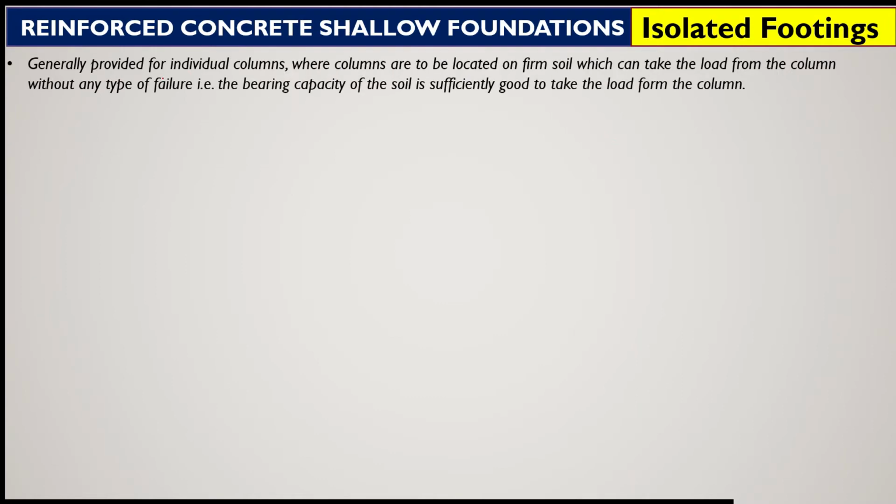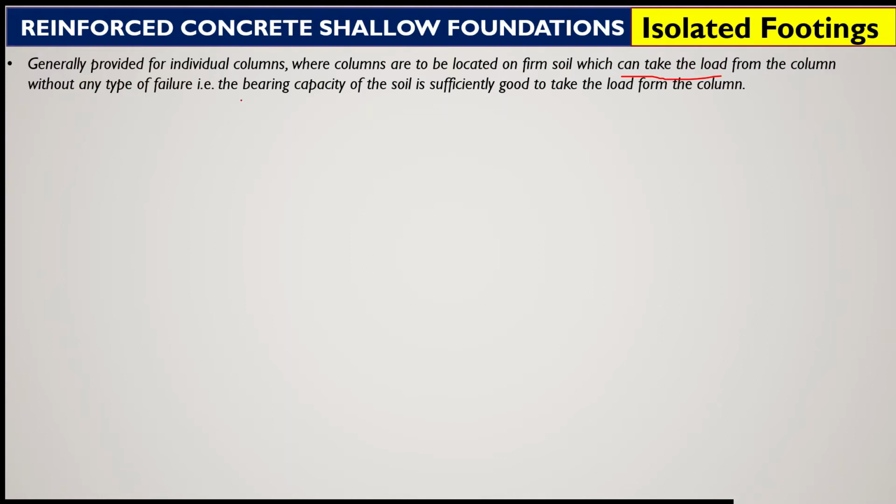Isolated footing is generally provided for individual columns where columns are to be located on firm soil. That means the load which is transferred by the column is located on a soil which is very firm and having good bearing capacity, such that the soil can take care of the load from the column without any type of failure.